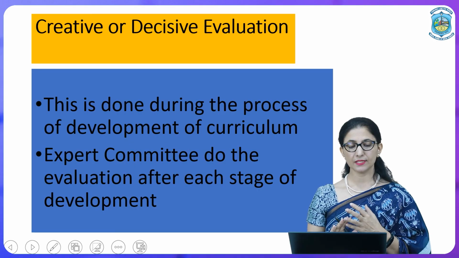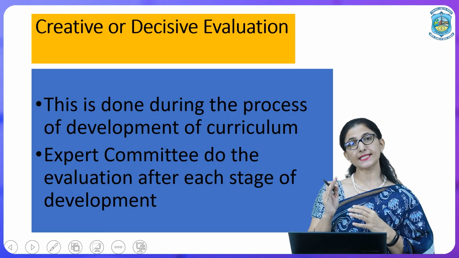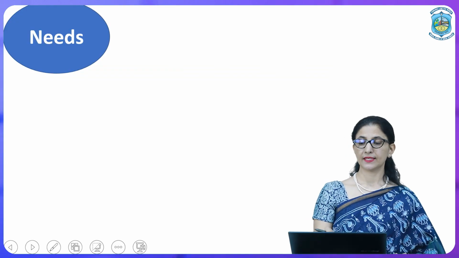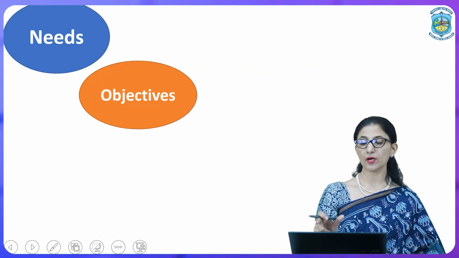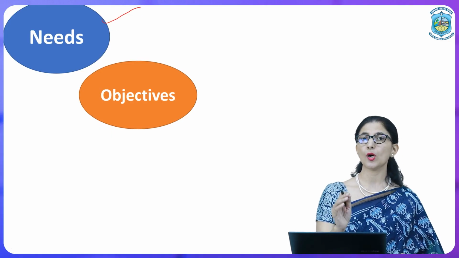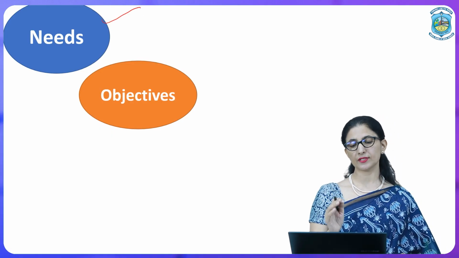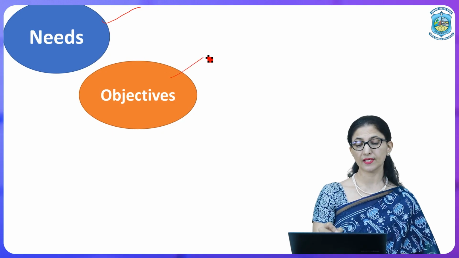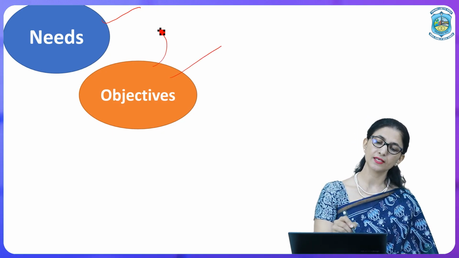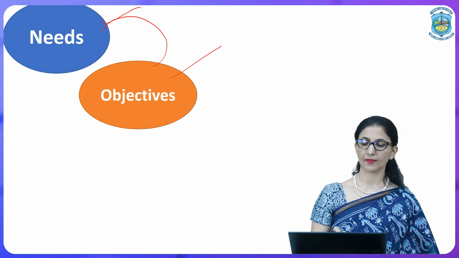The expert committee does the evaluation after each stage of development. They just see how the progress is going on. After identifying the needs of student, society and nation, they formulate the objectives, and it is very important that objectives should be in line with the needs.